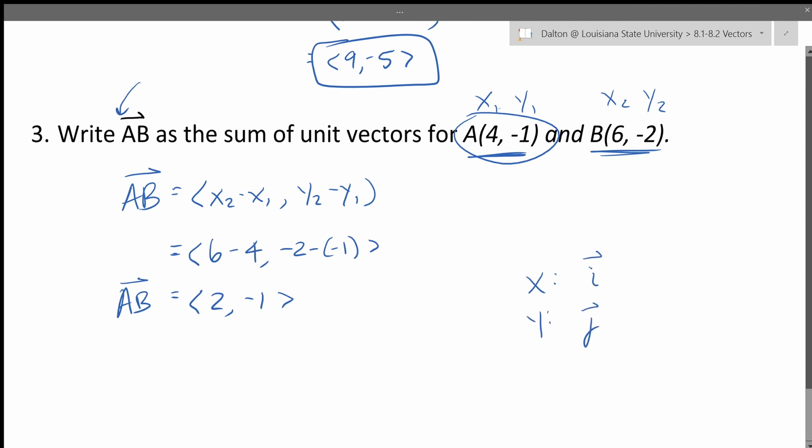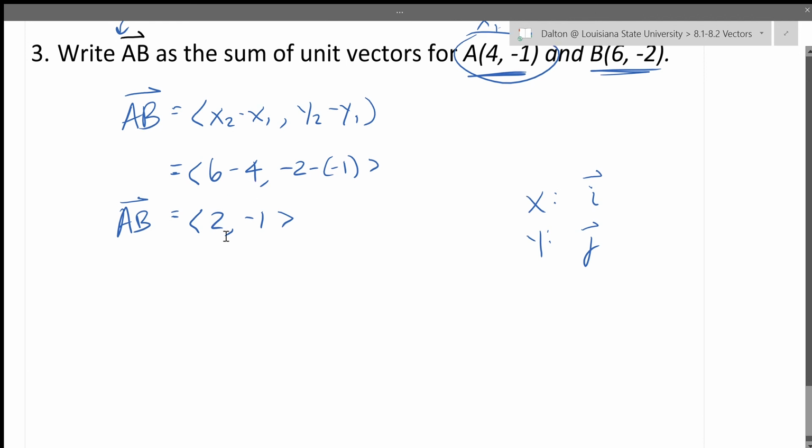If I want to write it as if i and j were being added and multiplied by a scalar, then we would say that vector AB could also be written as 2 times vector i, plus negative 1, or just minus 1 times vector j.